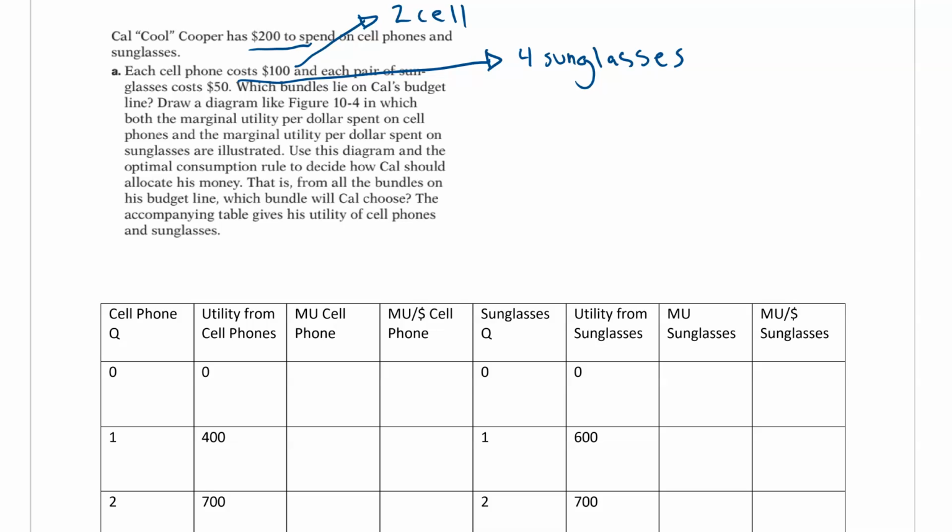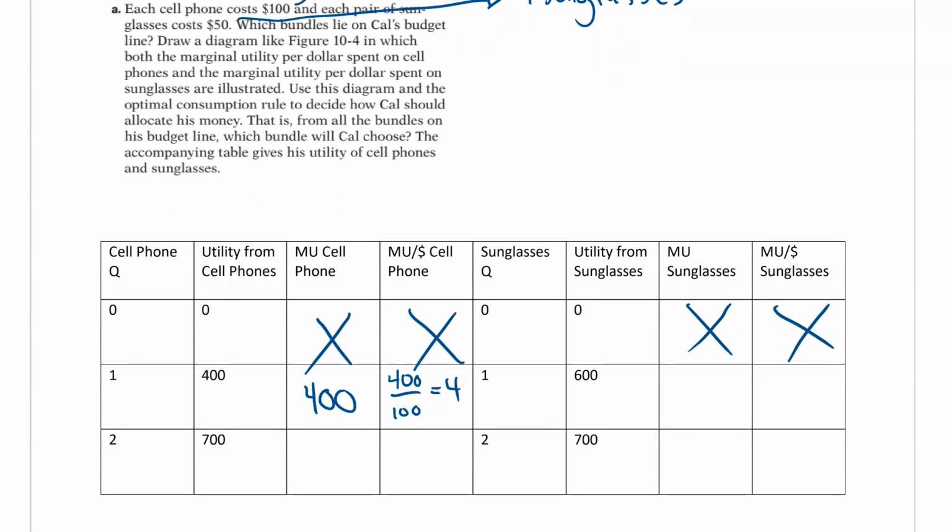So marginal utility of a cell phone. So we've got when a cell phone increases from 0 to 1, he's getting a utility of 400. Well, I'm just going to put an X in these ones. So 400, and his marginal utility per dollar, so 400 divided by the amount it costs, 100, is 4. And then we've got increase from 400 to 700, so it'd be 300 divided by the amount it costs, and that's 3.